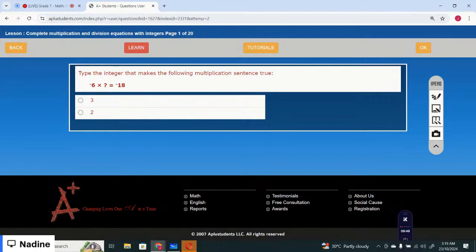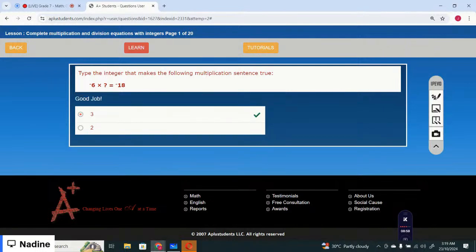Negative 6 times 3 is negative 18, right? The correct option is option number 1, that is 3.